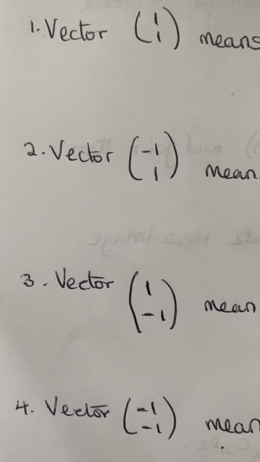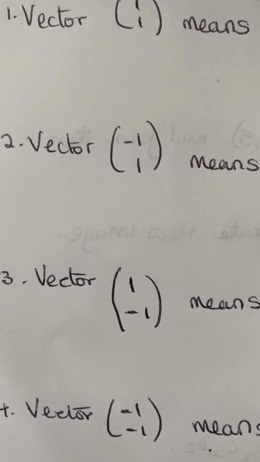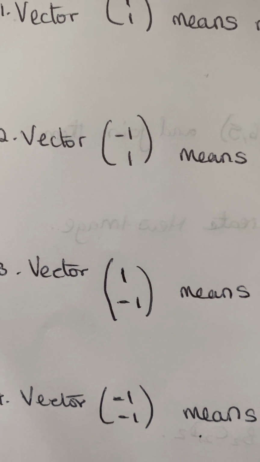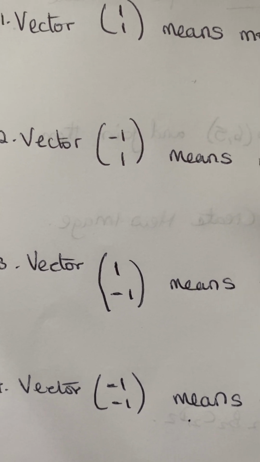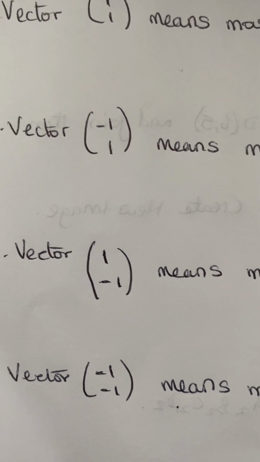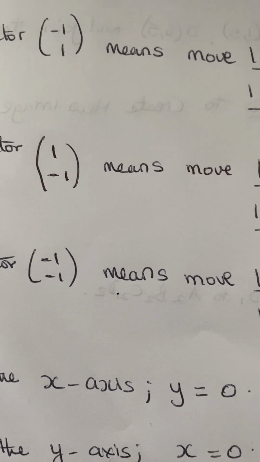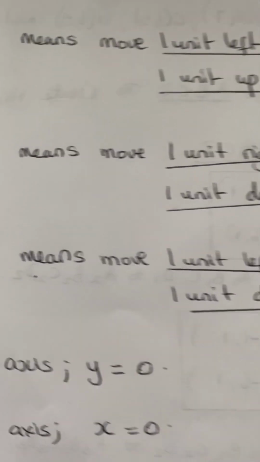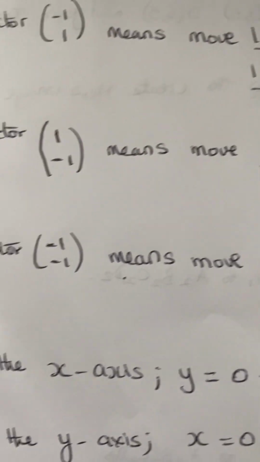If it's minus for the y, you are going to move down. And if it's plus for the y, you are going to move up. That's what we used yesterday for our translation. I will encourage you to go back and watch if you do not understand.